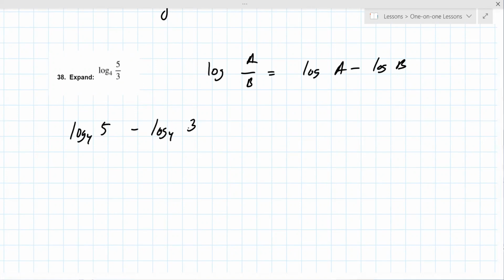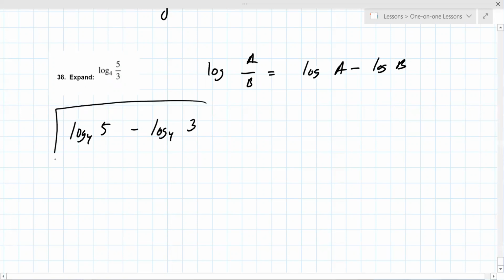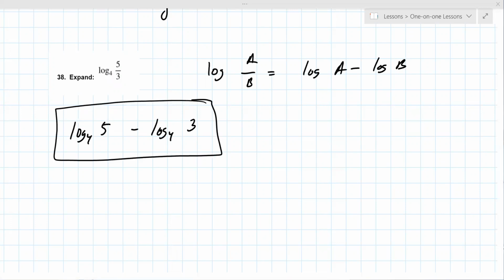You can just do log base 4 of 5 over 3, right? Well, you're expanding. There's only one expansion step here. Oh, never mind, you're expanding. If you go back, you've just turned it into the original problem. Okay.